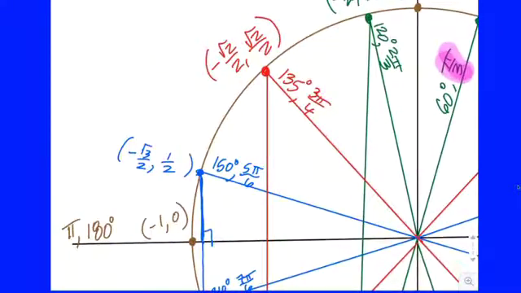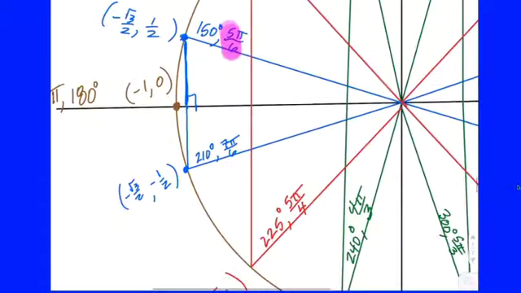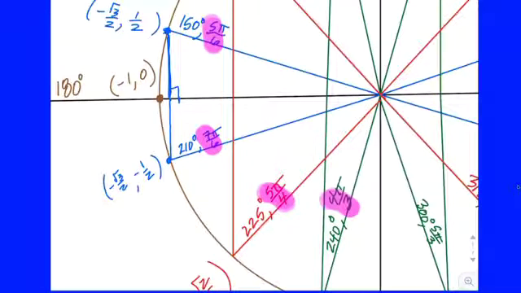In quadrant 2, your numerator is exactly 1 smaller than your denominator. 5 pi 6, 3 pi 4, 2 pi 3. In quadrant 3, because you're past 1 pi, now your numerators are 1 larger than your denominators, 7 pi 4.